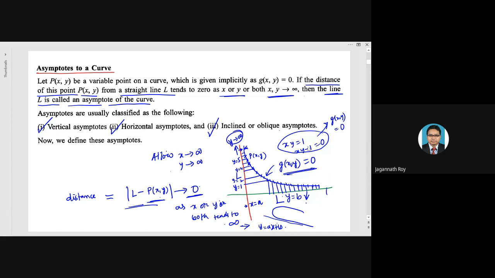So these lines will be called asymptotes. This is also an asymptote to this curve.